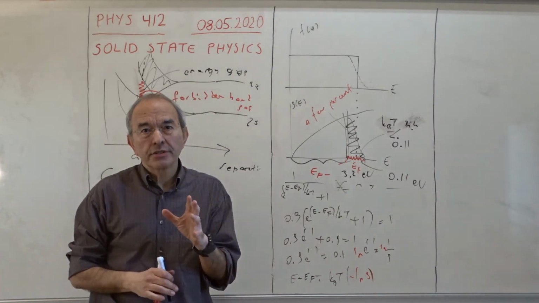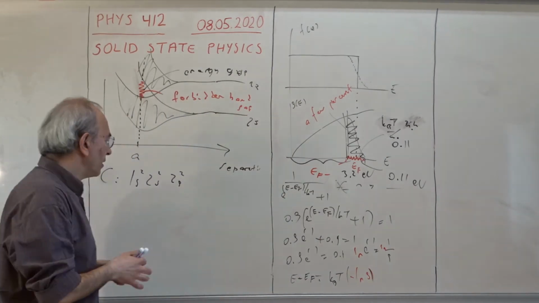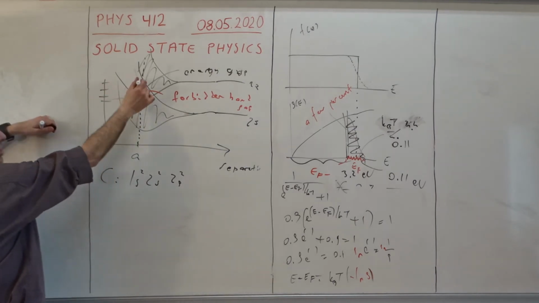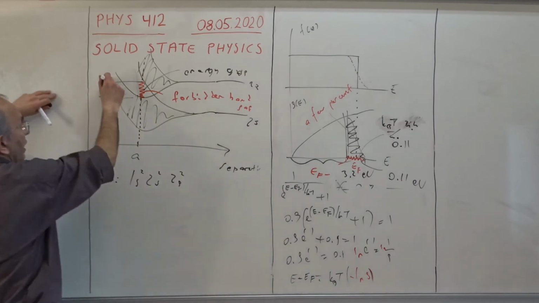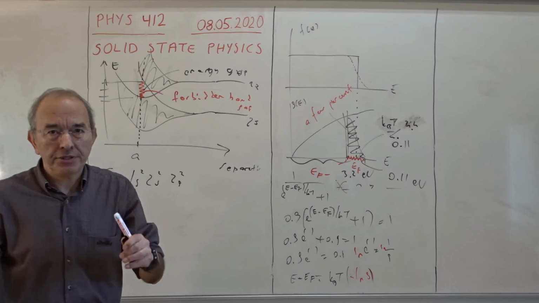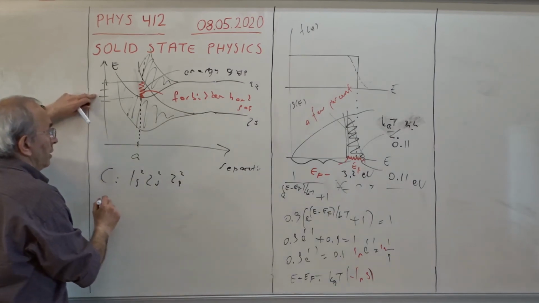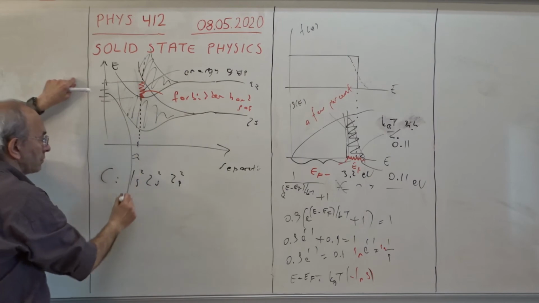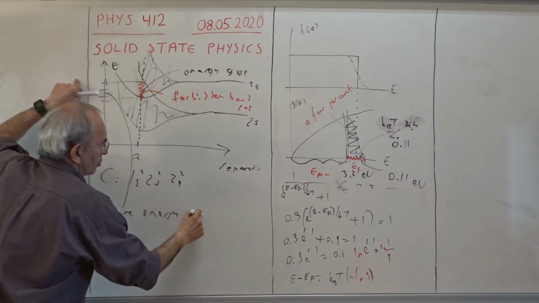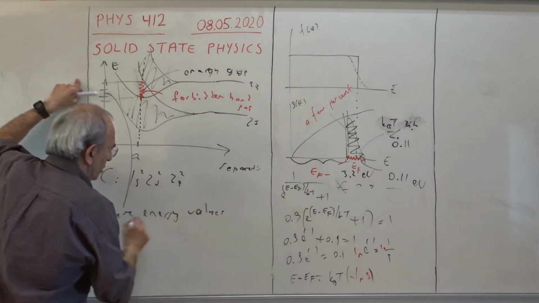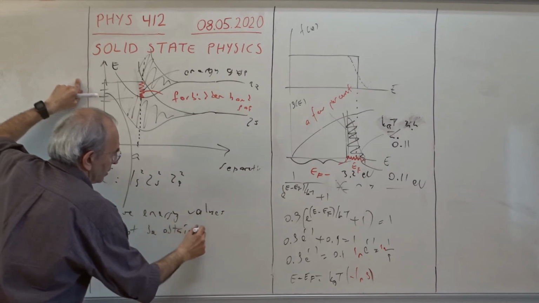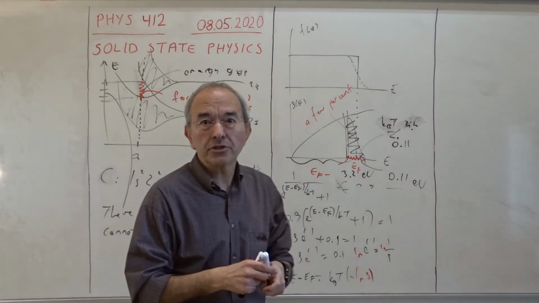Some energies cannot be obtained. This is the energy axis, and these energy values cannot be obtained by any particle. How is that possible?